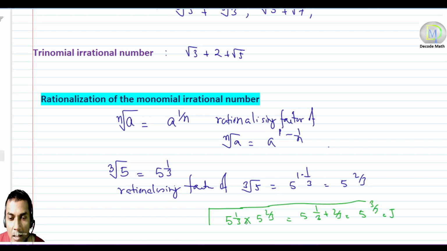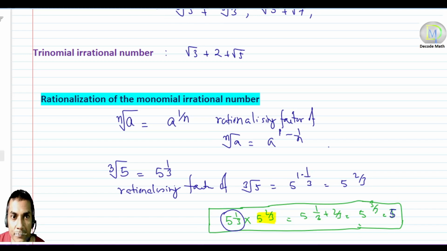So if you multiply the rationalizing factor with the given number, you get a rational number. Clear? Okay, done.